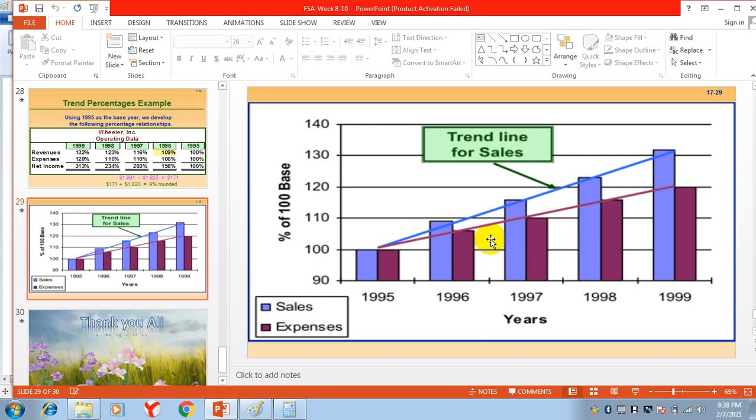So these will be the trend lines for sales and the trend lines for expenses. This is all about trend analysis. Trend analysis will just tell us about increase or decrease, positive or negative change, strength or weaknesses. Now our revenues are increasing, so it is showing a strength.